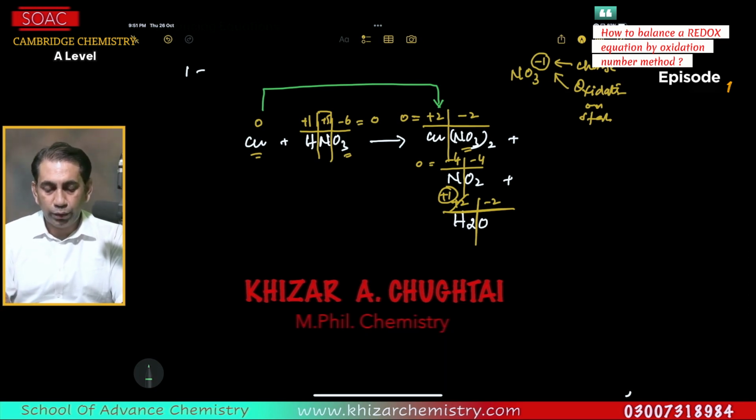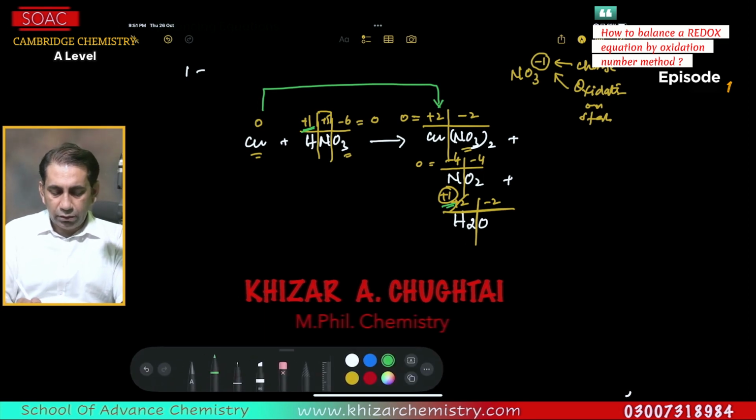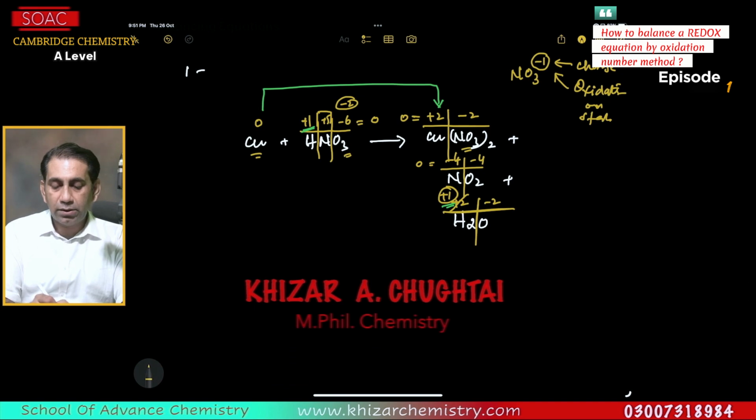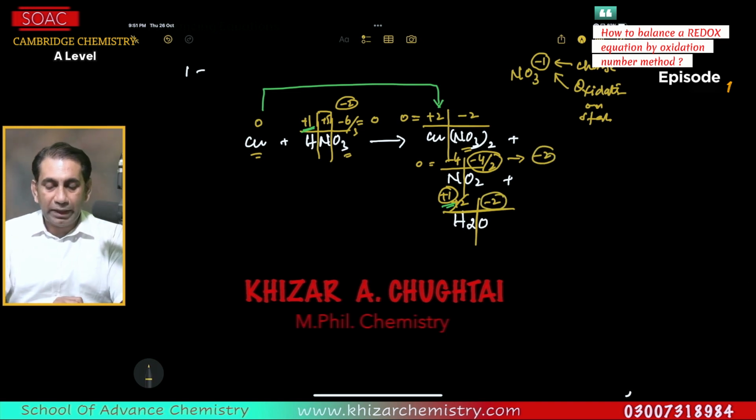In case of hydrogen, it is +1 and here hydrogen also has the same +1. There is no change. In case of oxygen, one oxygen is -2, as -6 is the answer for three oxygens. Here again, one oxygen is equal to -2.